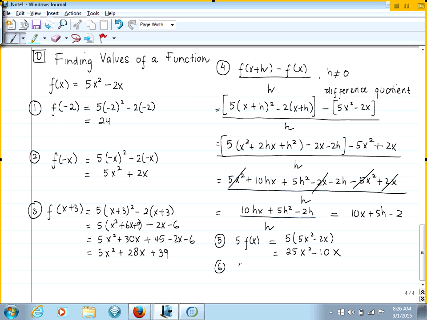And the last one, what is f of 2x? Oh, this is easy too. What do you do with the 2x? Same thing. So you're right. 5 times 2x squared minus 2 times 2x. So this is 5 times 4x squared. So remember 2x squared, you have to square the 2 also. Minus 4x.